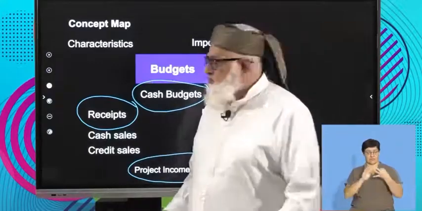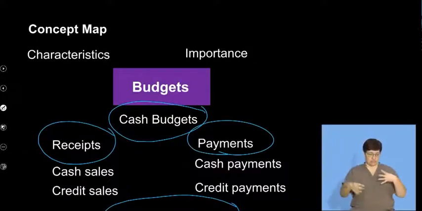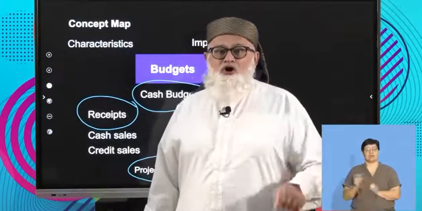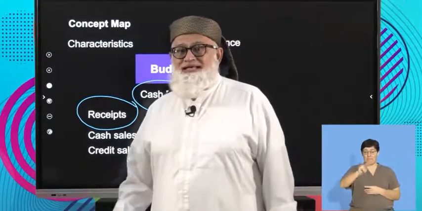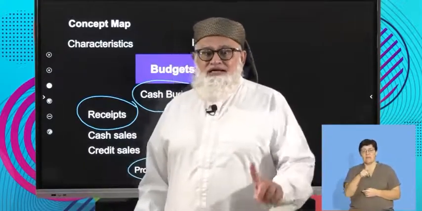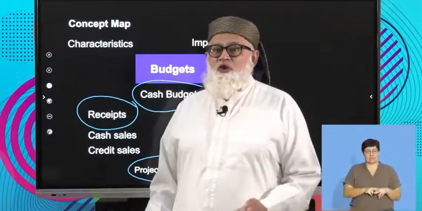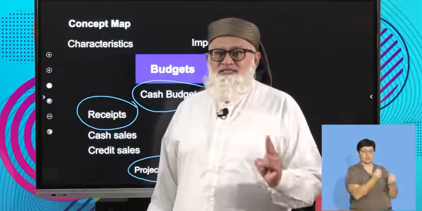We also looked at the creditors payment schedule, and you saw that like your debtors collection schedule is dependent on credit sales, your creditors payment schedule is dependent on credit purchases, but before credit purchases, it's dependent on the cost of sales because we are using base stock.